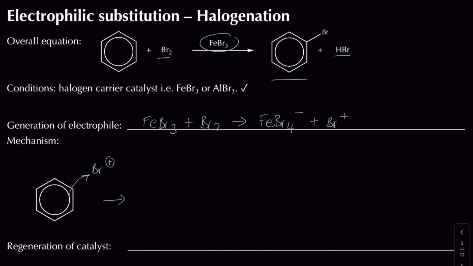And what we actually end up with is an intermediate, where we've got again our outer hexagon layer, which is going to look like this. We've got that hydrogen still on there, that's going to be lost in a second. We've got bromine on here, and we've got our horseshoe shape again that covers 5 carbon atoms. We've got 4 pi electrons covering 5 carbon atoms, and a positive charge in the center as well.